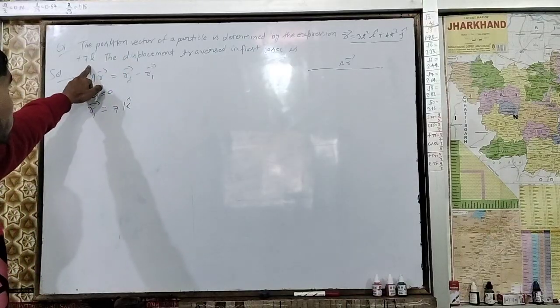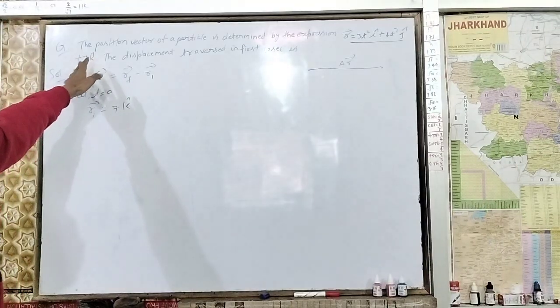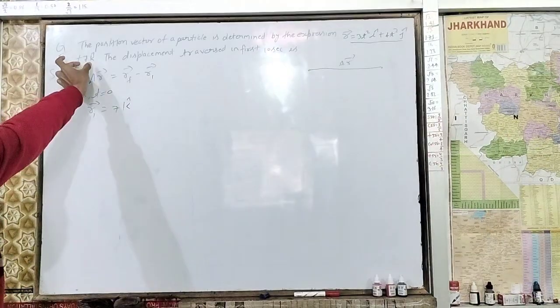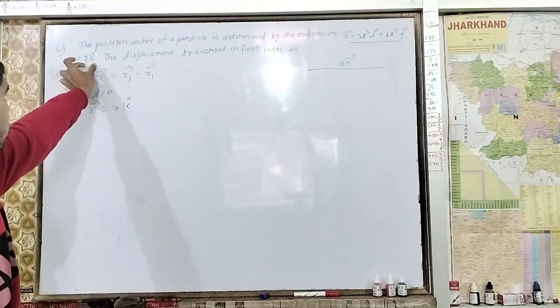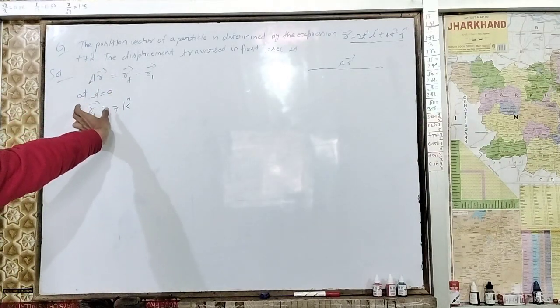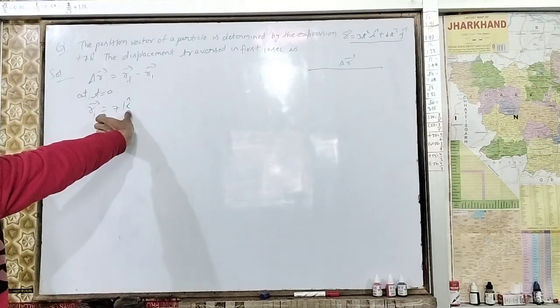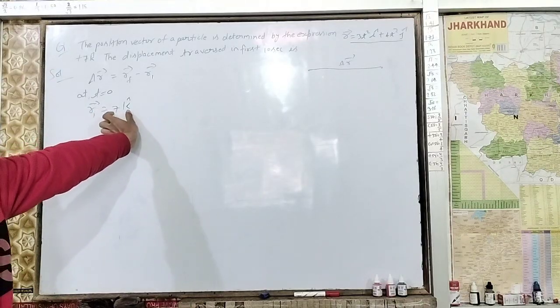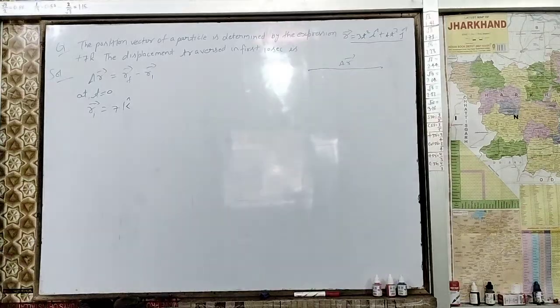But this term has no t, so this term will exist. So r initial, where t is equal to 0, is 7k cap.